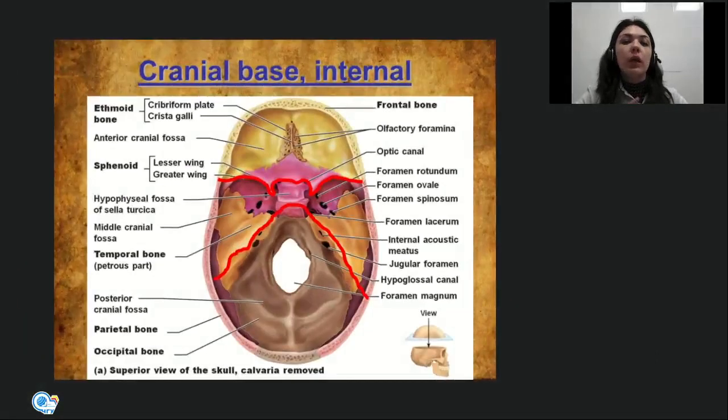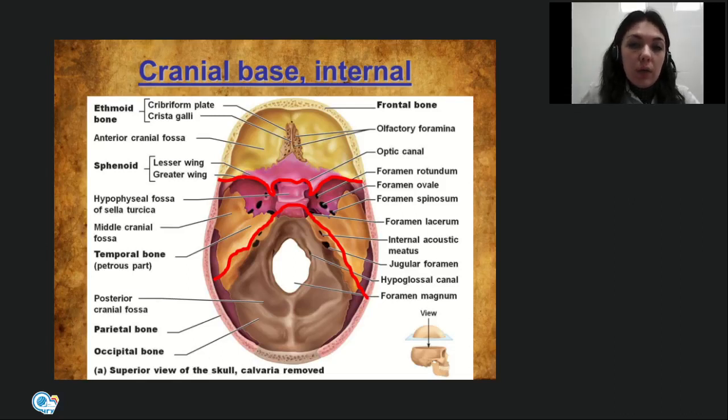The internal cranial base is divided into three cranial fossae: anterior, middle, and posterior cranial fossa. You have to know the formation of each cranial fossa, boundaries, and communications. First, the anterior cranial fossa.